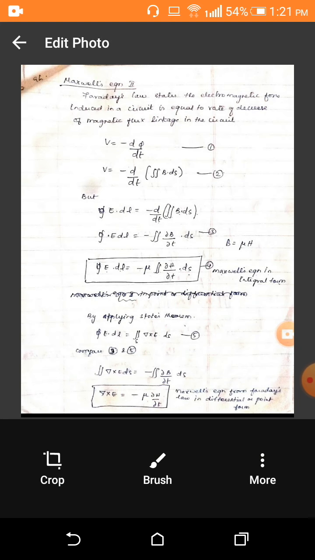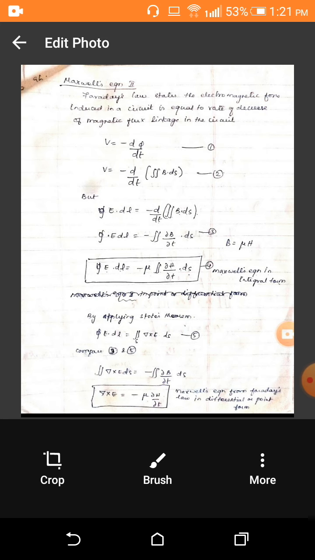And next, the alternating electromotive force is basically over a closed path. So, your V will be equal to integral E dot dl. Therefore, the equation becomes integral E dot dl is equal to minus d by dt surface integral B dot dS.